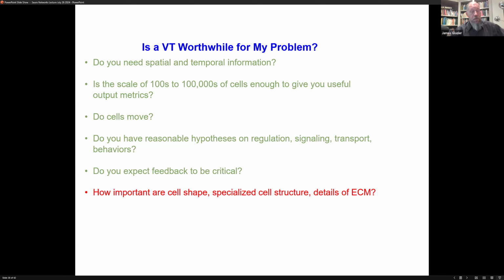You at least need hypotheses about regulation, about signaling, about interactions, at least ballparks for that. I do think feedback is critical, especially feedback between scales. If feedback is critical between scales, you can't see the whole world inside a single cell, then you may need to do these kinds of methods. And there are some things that are just hard. If you really need the extracellular matrix structure, that becomes a hard problem.